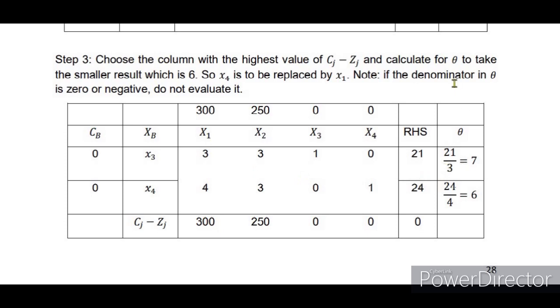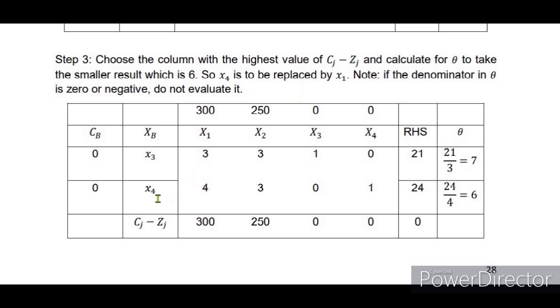Now, for choosing the theta to enter, we will choose 6 because it has a smaller result. So remember that you always choose the lower result here in theta, which is 6. So x sub 4 is to be replaced by x sub 1.